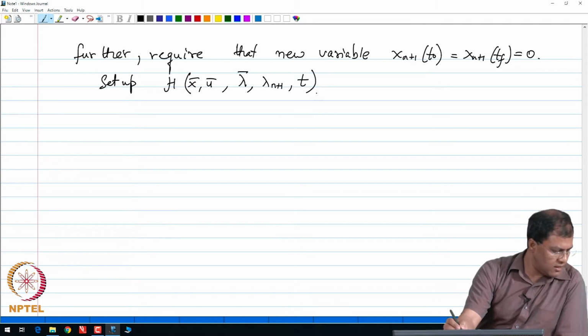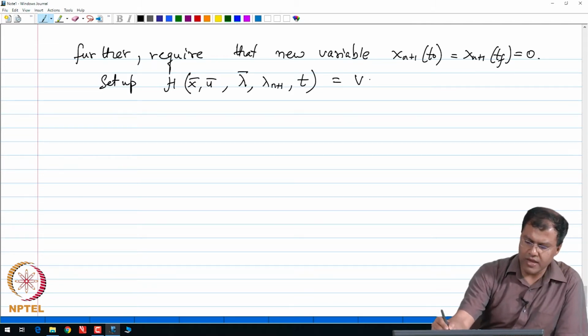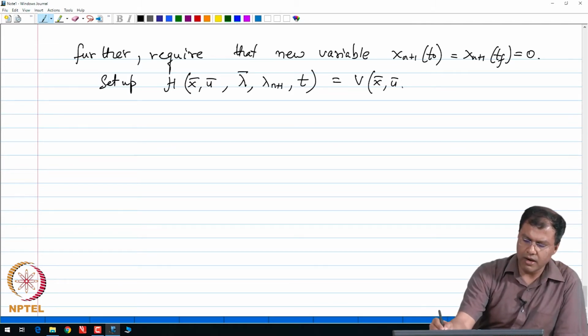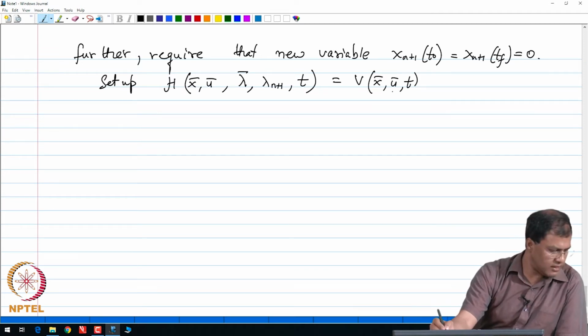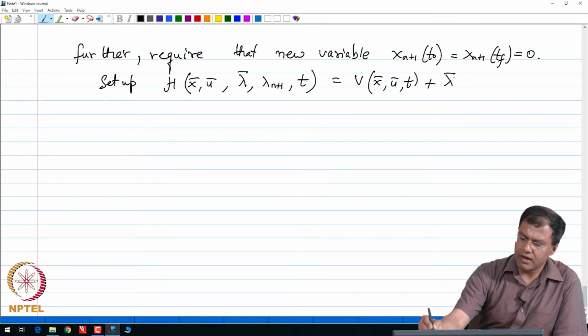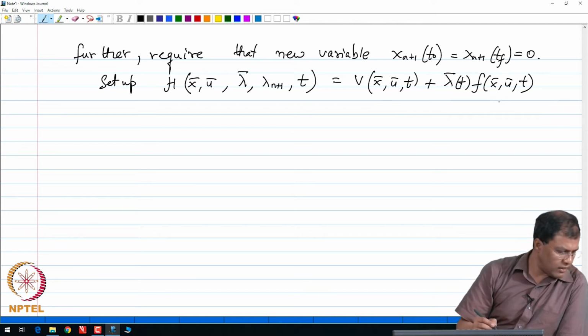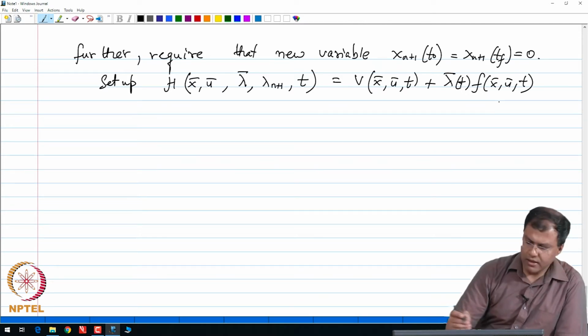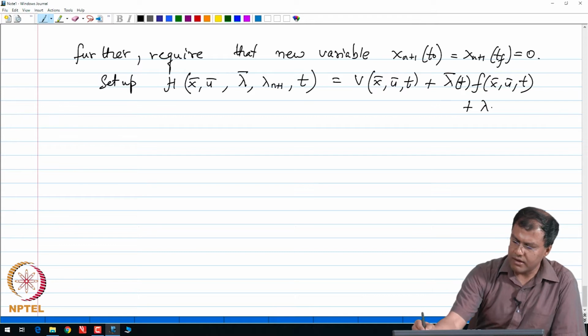This is equal to v of x bar, u bar comma t, where these are all n dimensional vector functions, plus lambda bar of t times f of x bar, u bar comma t. This is the usual Hamiltonian setup, but there is an extra term, plus lambda n plus 1 times f n plus 1.